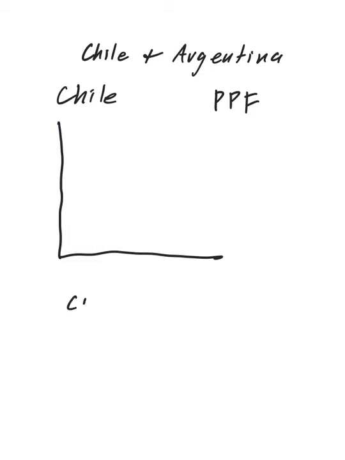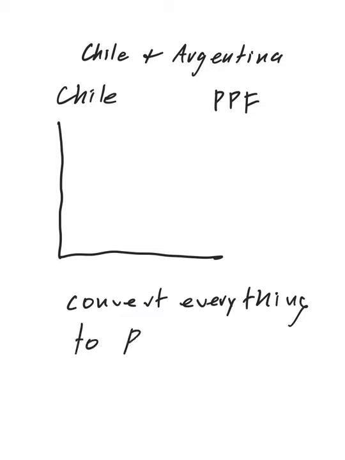Convert everything to production possibility frontier format, even if the data you're given is in terms of labor hours. Don't try to draw a diagram that somehow has labor hours on it. That's the number one reason it would become practically impossible to answer the questions.